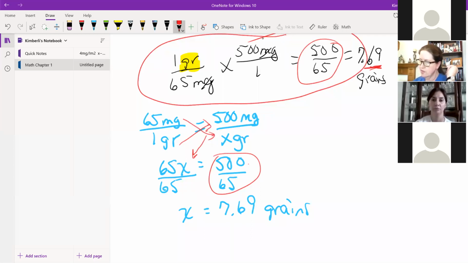And then in order to get x by itself, we have to divide both sides by 65, right? Okay, so when you first learn algebra, this is what they have you do, ratio and proportion.